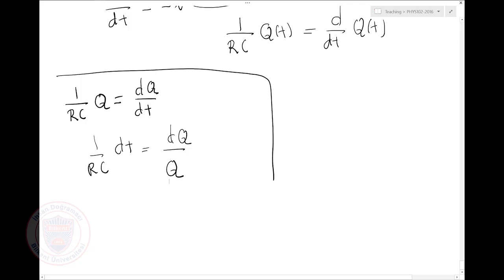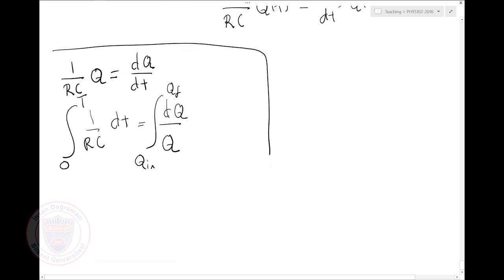Nonetheless, if I integrate both sides, what would I find? I would find, let's say, from 0 to some time capital T, from q initial to q final, the following: minus 1 over RC times T is the integral of dq over q, which is ln q, so it's going to be ln of q final over q initial.